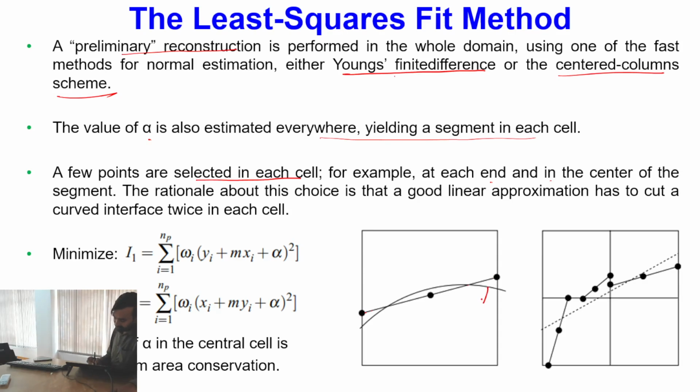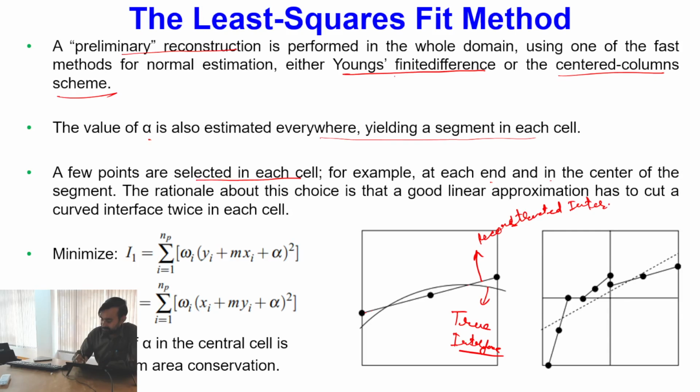Please understand this very carefully. This is the true interface which we need to reconstruct, which we don't know. And when we have applied either Young's finite difference method or centered column scheme, then this is the reconstructed interface we have obtained. So this is my preliminary reconstructed interface.